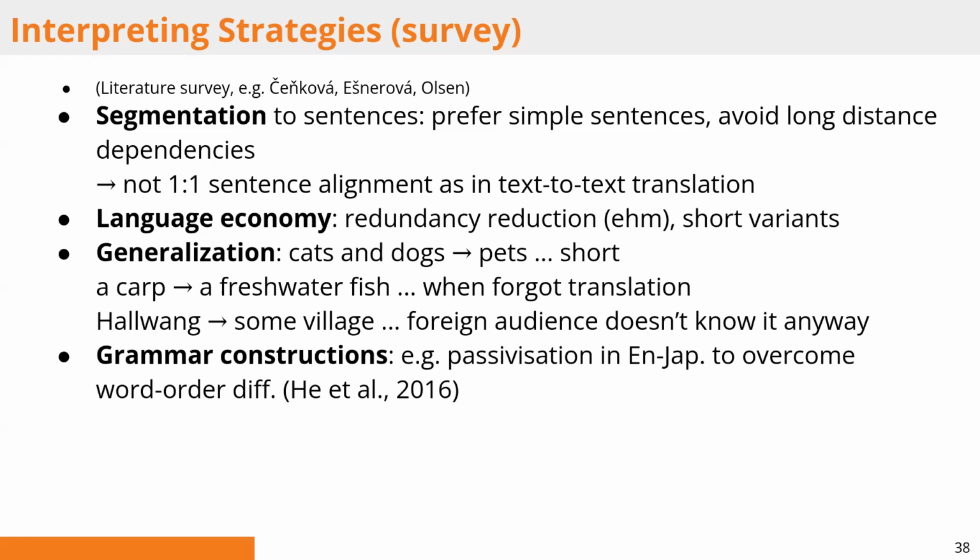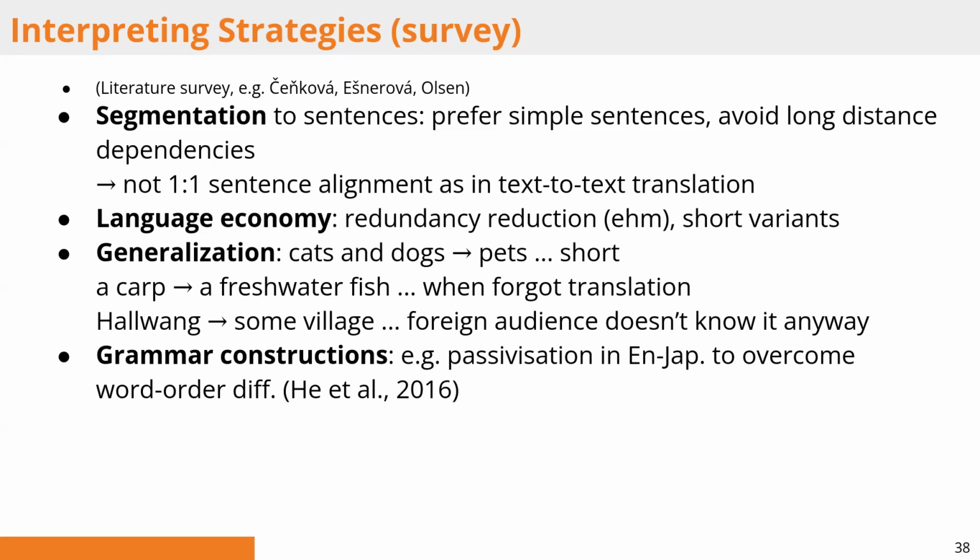So there's no direct one-to-one sentence alignment as in text-to-text translation. They also use the principle of language economy, so what they produce should be short and simple. So they reduce redundancies.